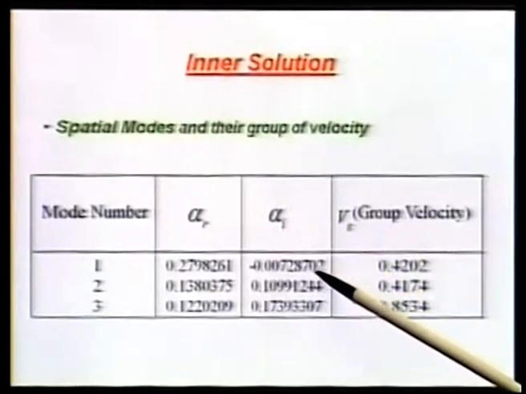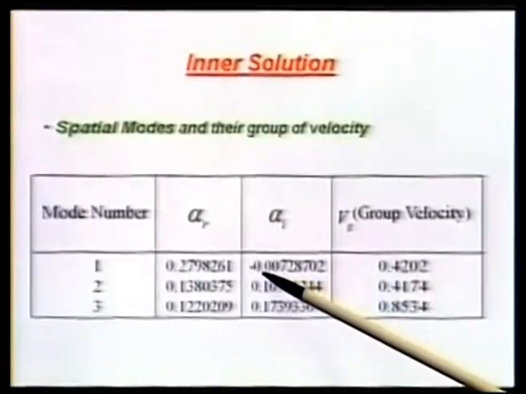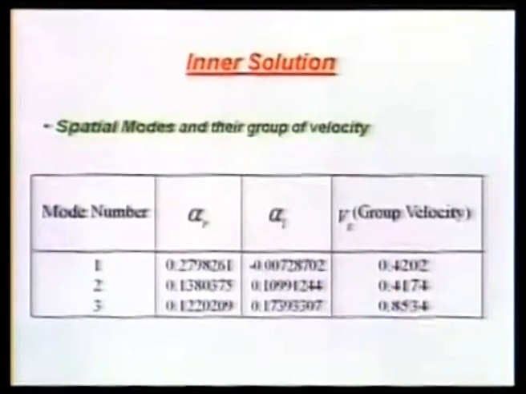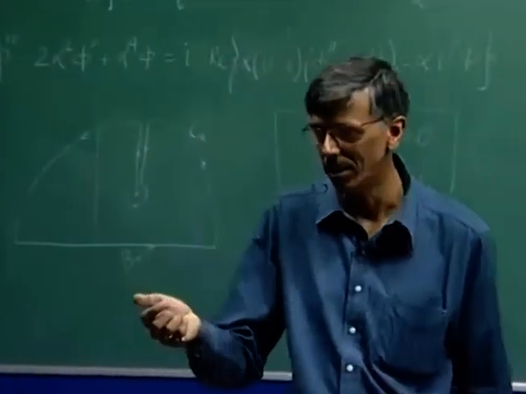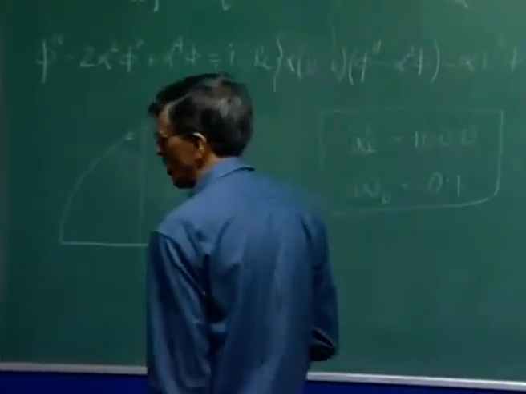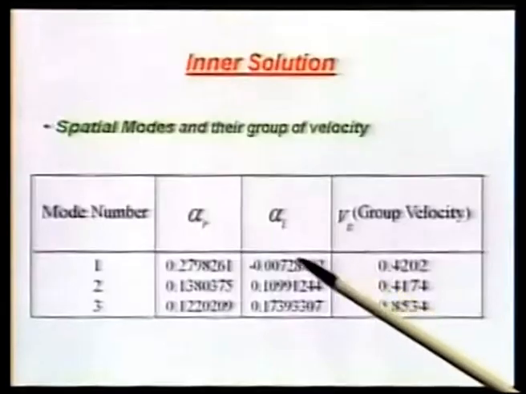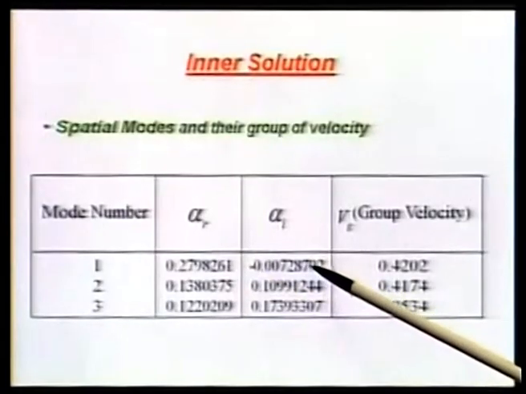What is the first one? First one is unstable, right, with a minus sign. This is what is called the Tollmien-Schlichting mode or Tollmien-Schlichting waves, right. This is what Tollmien and Schlichting first found out, and your eigenvalue analysis tries to obtain this.